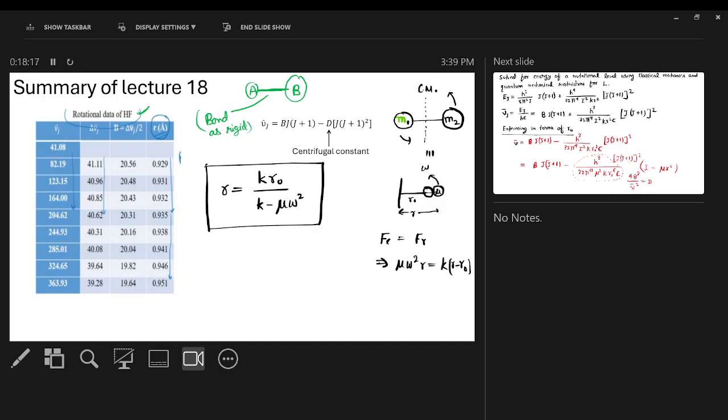Here we see the frequency for different rotational lines, and this gap is nothing but 2B. So we can see this B, the rotational constant. As the Jth rotational energy level increases, the value of the rotational constant B is decreasing.